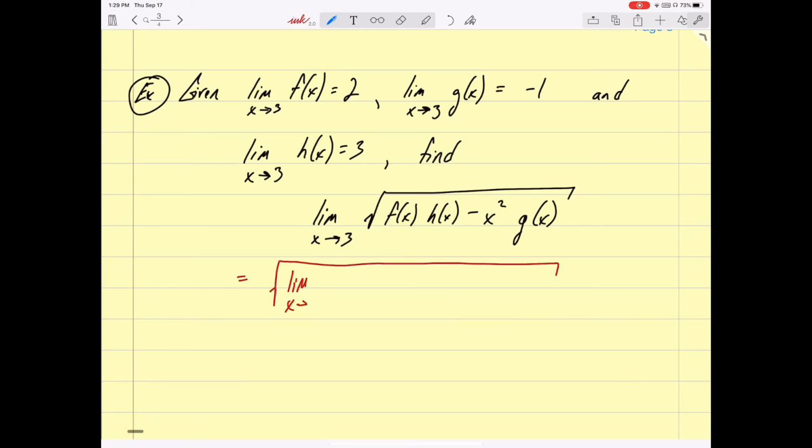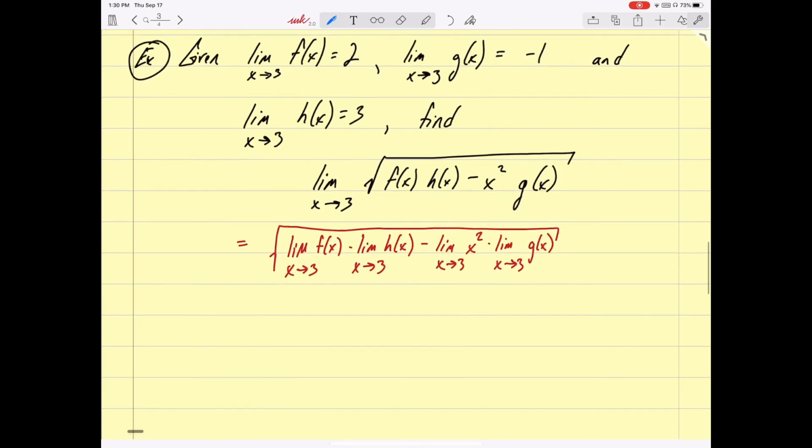So the limit as x goes to 3 of f of x times the limit as x goes to 3 of h of x, minus the limit as x goes to 3 of x squared times the limit as x goes to 3 of g of x.